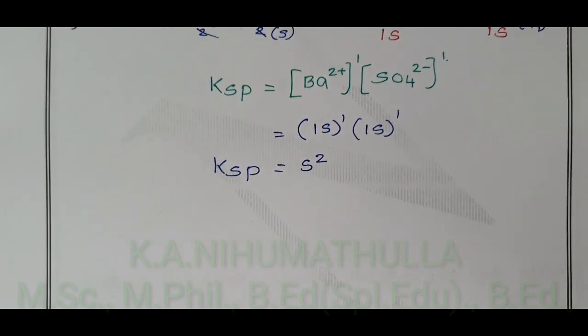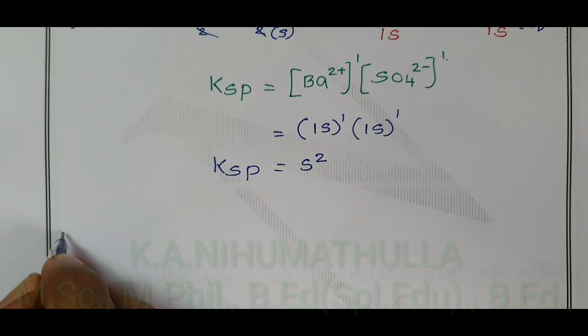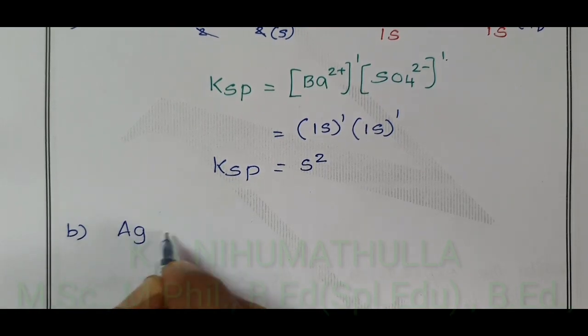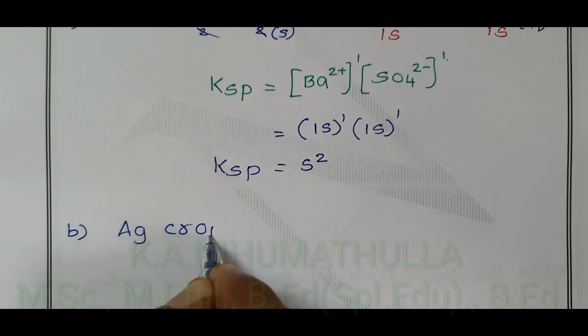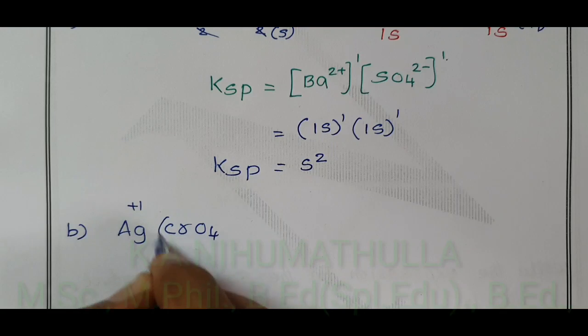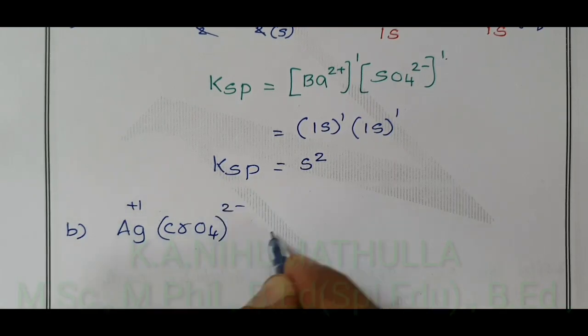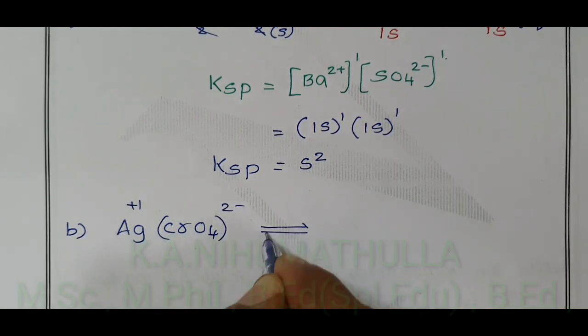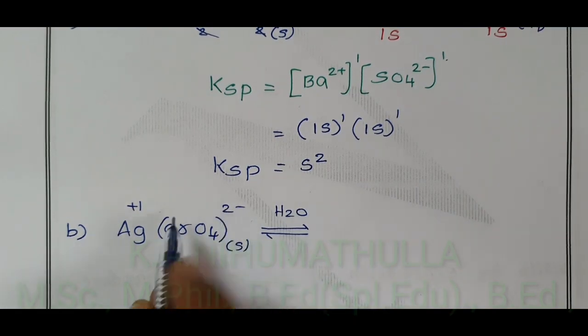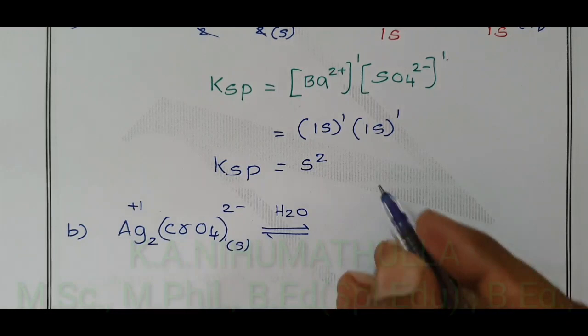Now we are going to write one more compound, silver chromate, Ag2CrO4. Ag is monopositive, and chromate is a 2 minus ion. When the solid is dissolved in water, the 2 is here and the 1 is there.